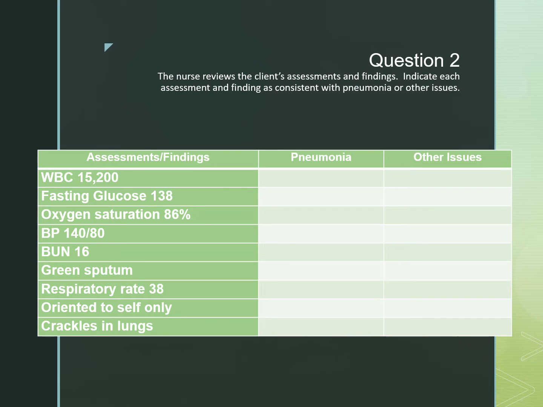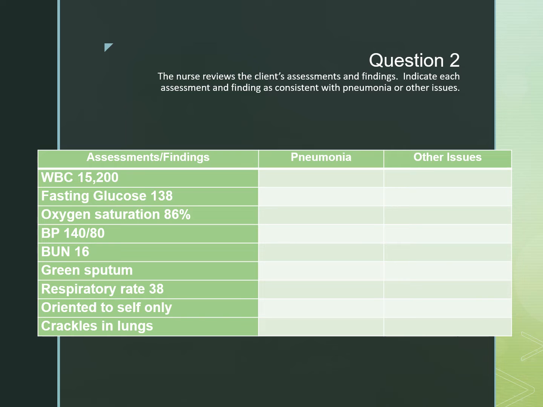So now we're going to look at these questions. The nurse is reviewing the client's assessments and findings. We need to indicate which assessments and which findings are consistent with pneumonia or other issues. The white blood cell count of 15,200, is it consistent with pneumonia or something else? This would be pneumonia.